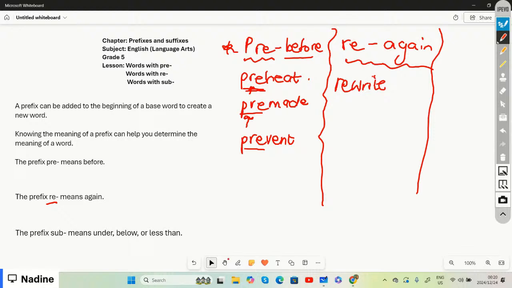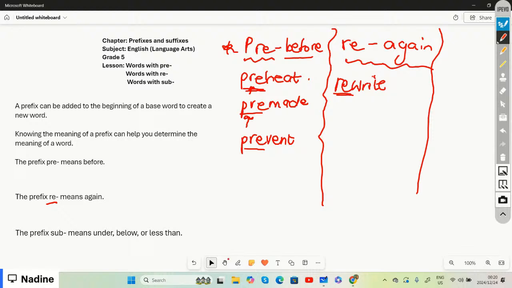so rewrite, remember we said that we add the prefix before the base word, and re is our prefix. So re, right. If you were to rewrite something, you write it over again.